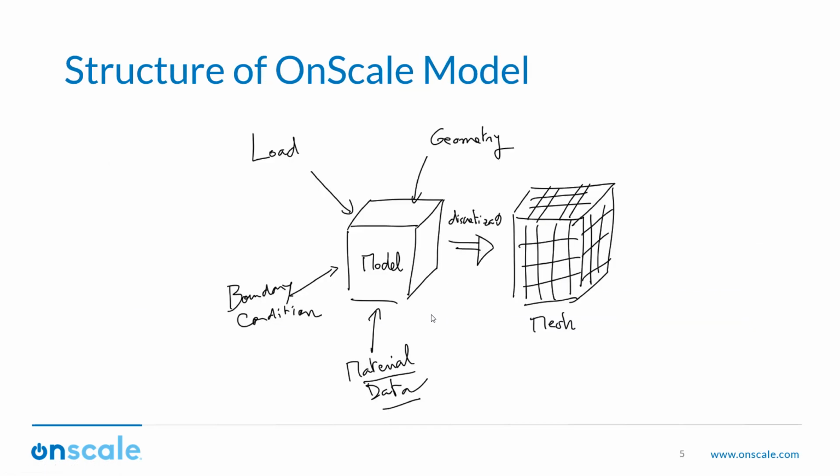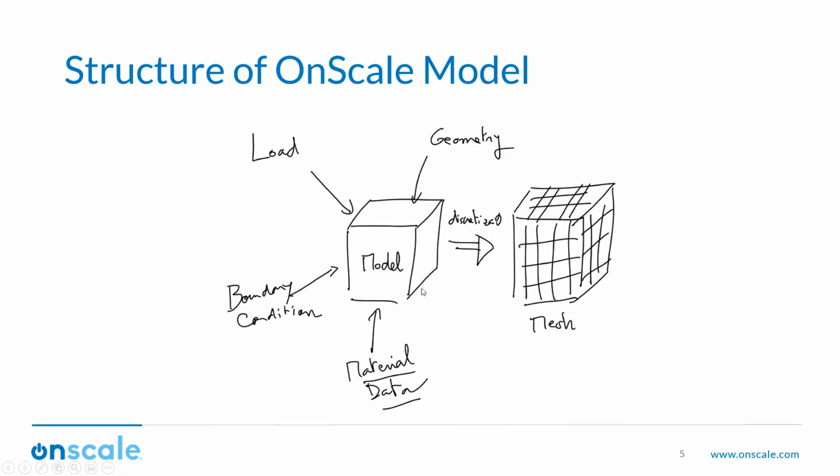And how is a model actually composed? So it's very, very useful to understand the building blocks of the model in OnScale. And actually, it's pretty similar to any other FEA software.